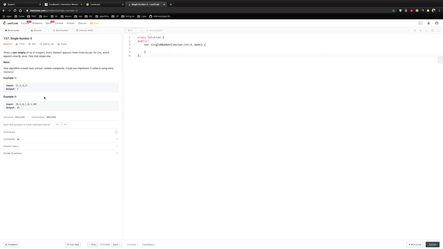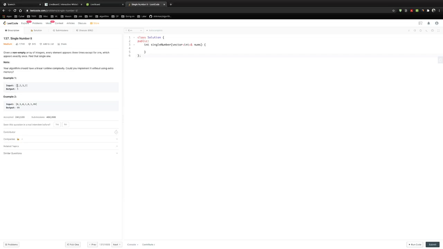So let's come to the state machine. Here we can imagine that if a number appears 1 time, it becomes state 1.